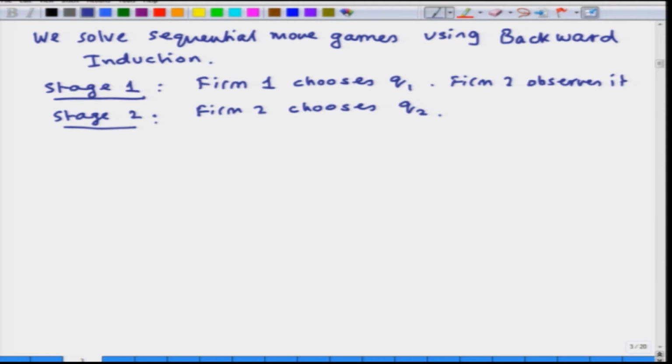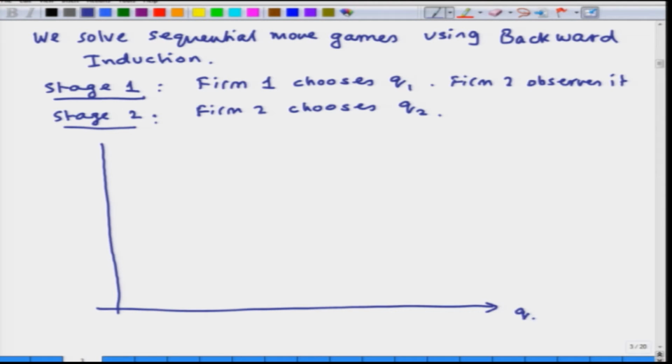So, let us ask, if you are going to solve firm 2's problem first, because we are using backward induction, we will solve firm 2's problem first, and then we will go back and solve firm 1's best choice of Q1. Okay.